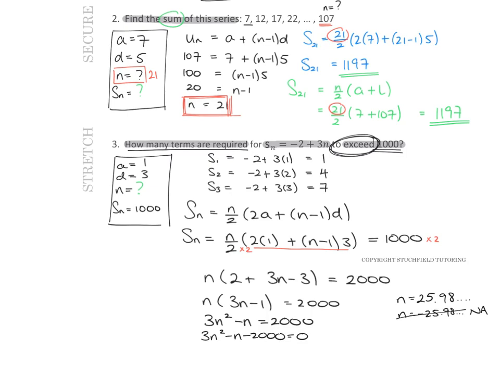So if n equals this, then the first term to exceed, n equals 26. And I'm going to check that by putting 26 in here and in here. So 26 over 2, 2 times 1 plus 26 minus 1 times 3 is 1,001. So that is correct.